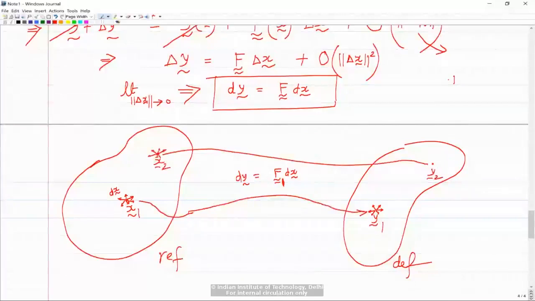Okay, these are not spatial lines, material lines engraved in the body. So these are getting related through F2, whereas F2 is simply evaluated at x2. Okay, so what you see is that if you want to relate the tiny lines, you just compute the deformation gradient at that point and simply relate it.